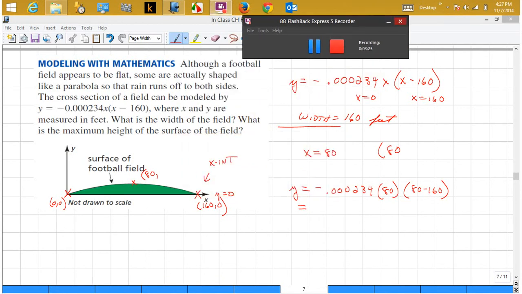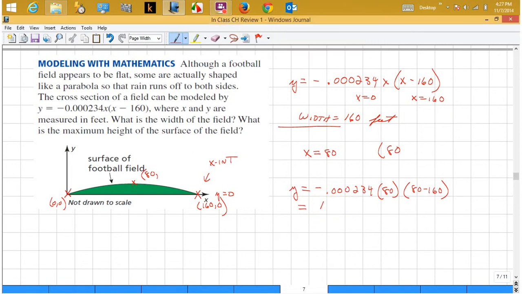And so if I multiply that out, what I'm going to get is 1.5 feet. So this would be 80 feet out. It's going to reach a maximum height of 1.5 feet. Okay, let's go on to the next one.